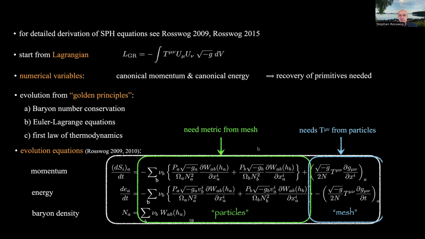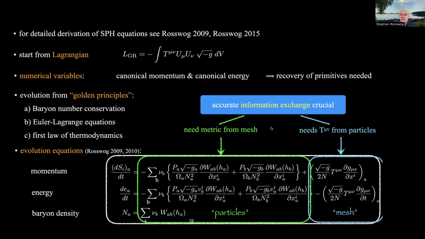So these terms need something from each other. And to get this to work, you really need an accurate information exchange between particles and mesh, in both directions, and you need to do this at every Runge-Kutta substep that you want to simulate.